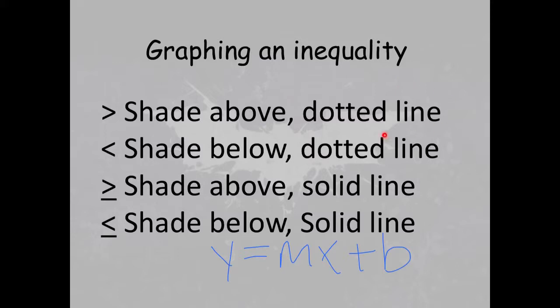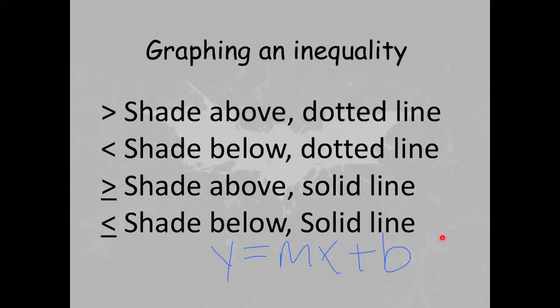And it's dotted because it doesn't have the equal to sign like we saw in the last example. If this is a less than, we shade below the dotted line. Again, dotted, notice how both of these are dotted and neither of them have a line underneath. The equal to sign here for the greater than, again, shade above, equal to, solid line. Less than, shade below, equal to, solid line.